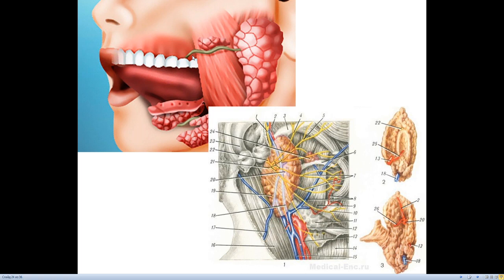Because the fascial capsule is very poorly developed on the superior surface of the gland, in the part which is attached to the external acoustic meatus, and on the medial side in the region of the pharyngeal process, here the back of the parotid gland communicates with the parapharyngeal space.